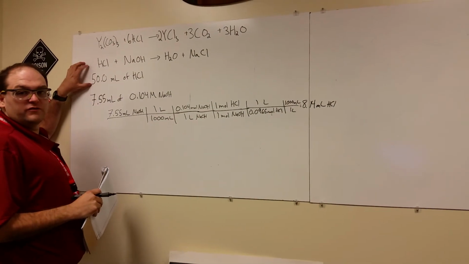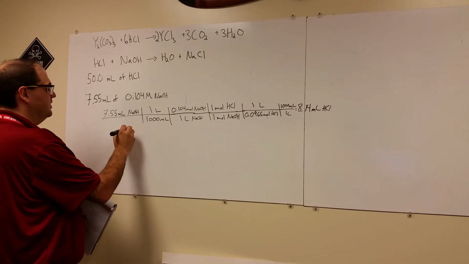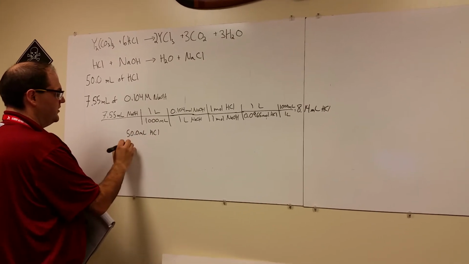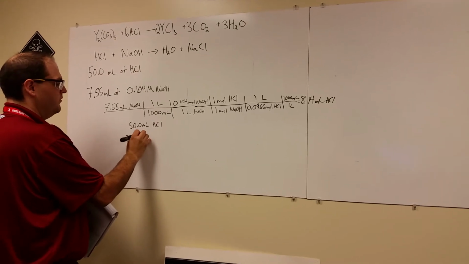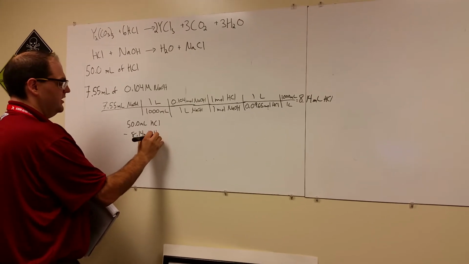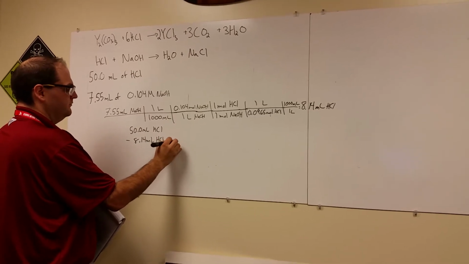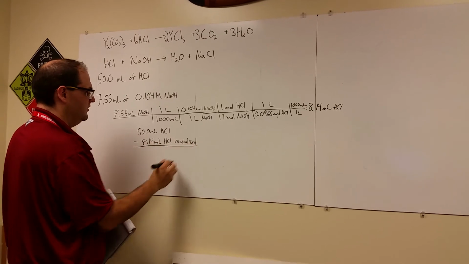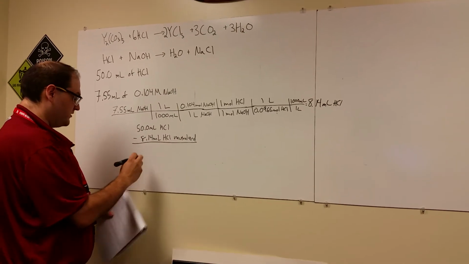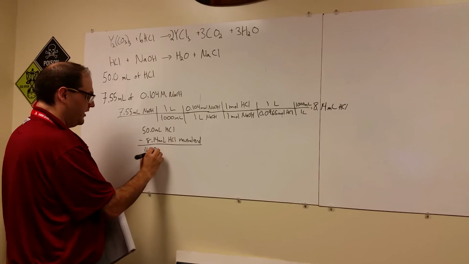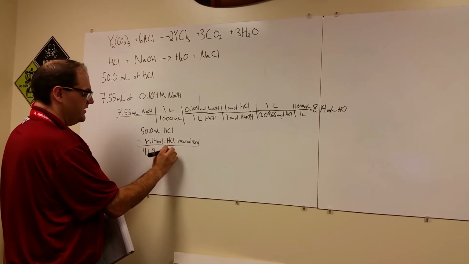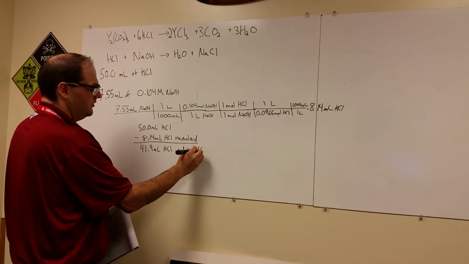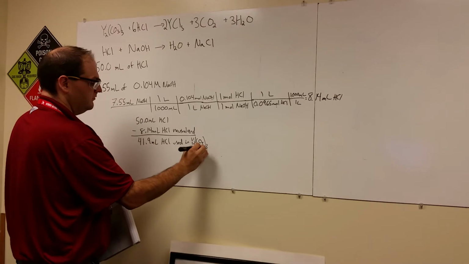So how much did we use in the first step? Well, we have to take the 50 milliliters of HCl and subtract 8.14 milliliters of HCl neutralized. To appropriate significant figures, that's going to be 41.9 milliliters HCl used in the yttrium carbonate reaction.